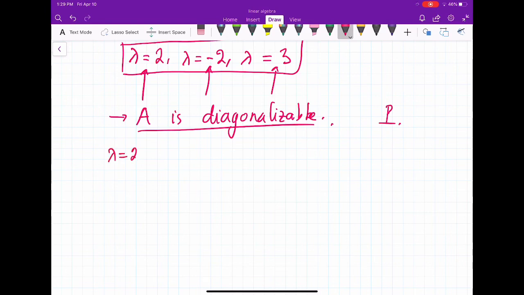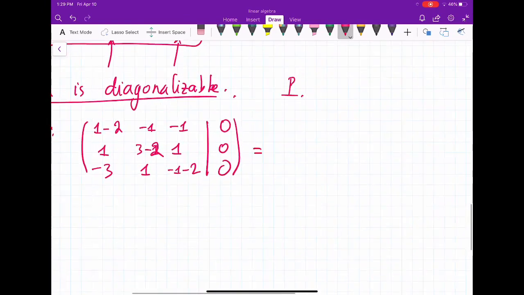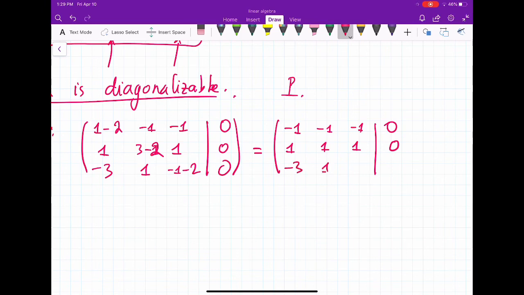For lambda equal to 2, I have 1 minus 2, negative 1, negative 1, 1, 3 minus 2, 1, and negative 3, 1, negative 1 minus 2, and I need to solve the homogeneous system, right? This is equal to negative 1, negative 1, negative 1, 0, 1, 1, and 1, 0, negative 3, 1, negative 3, and 0.